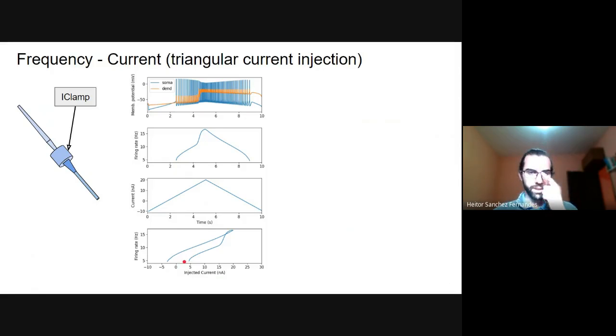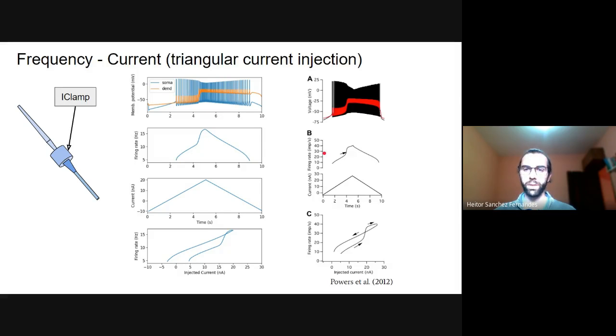A lot of things are important here, but this acceleration of current is interesting for me because it's related to the persistent currents. Here I show the results reported in the paper for the model.